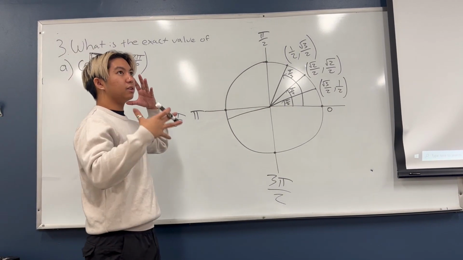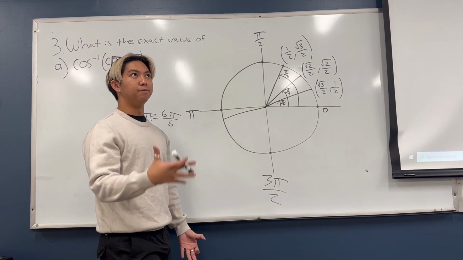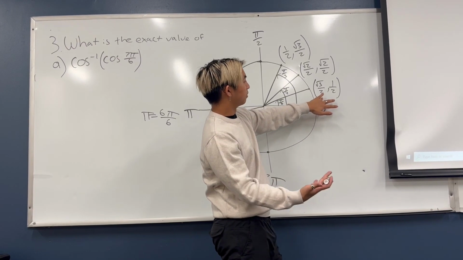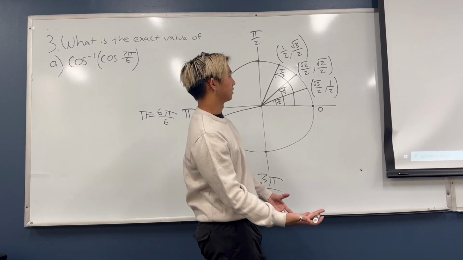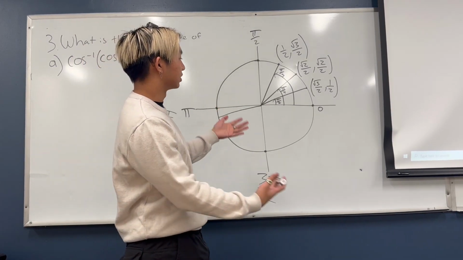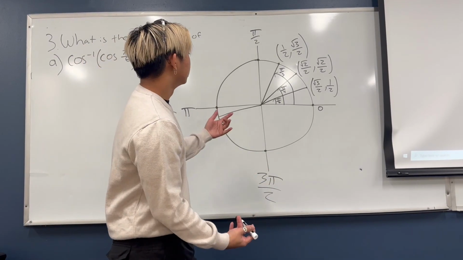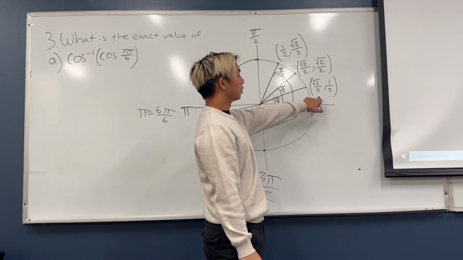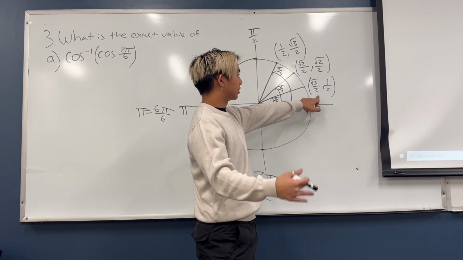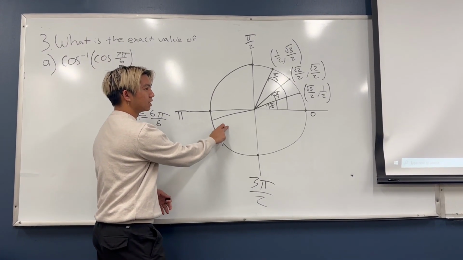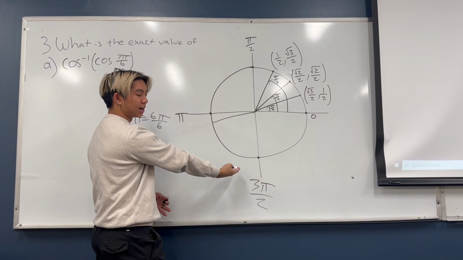What are the coordinates of pi over 6 in quadrant 1? We have square root 3 over 2, comma, 1/2. Our cosine is essentially our x value, and our sine is our y value. So the x coordinate for pi over 6 is square root 3 over 2. The same can be said here, except what are the signs of quadrant 3?